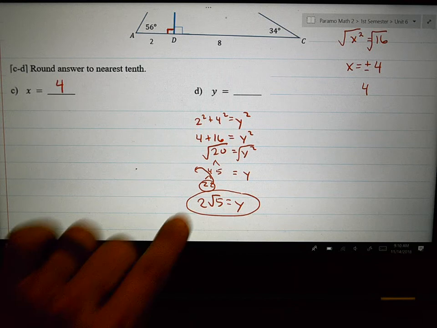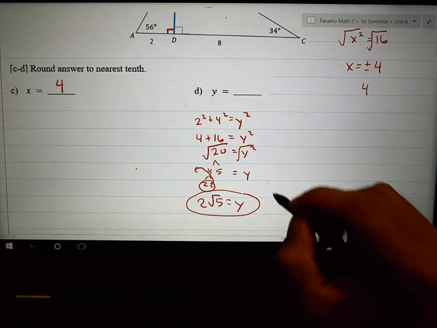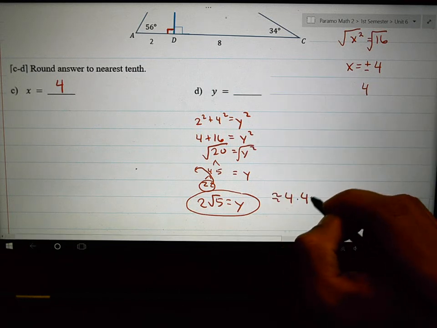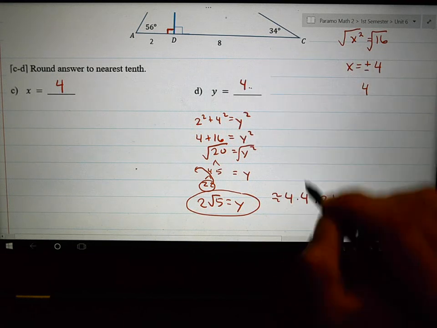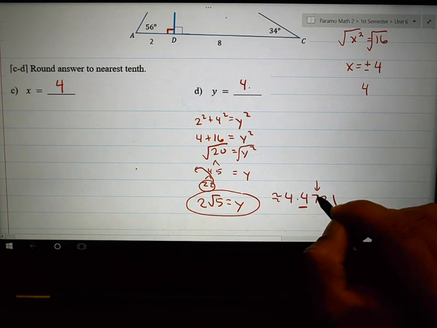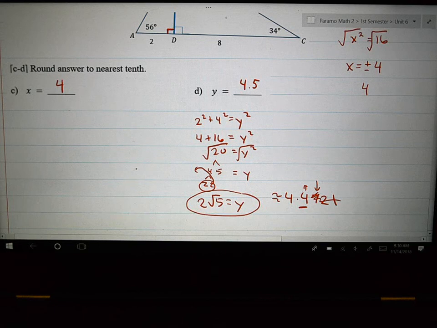I could write 2 root 5. 2 root 5 on my calculator, switch it to a decimal, is the same thing as about 4.4721. And I'm going to round that to the nearest tenth. Here's the tenth place. That's 5 or higher, so this is going to round up to 4.5. I'm going to stop your notes right there.